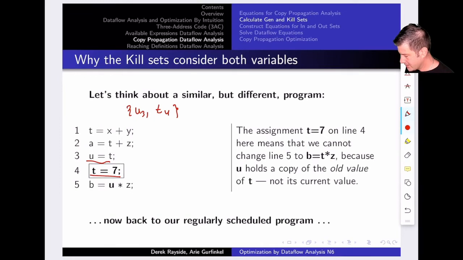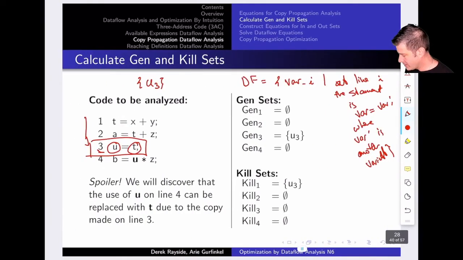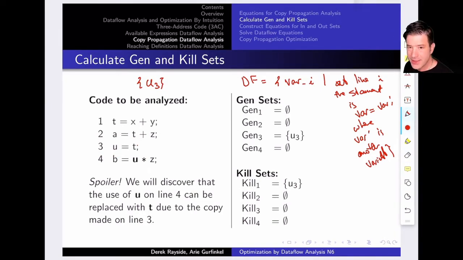Now, why do I need this? The way we define a kill set is we say a kill set is a set of all data flow facts which the current assignment potentially invalidates. So we look at the first statement. What it will invalidate is any copy that copies t, because t is recomputed.